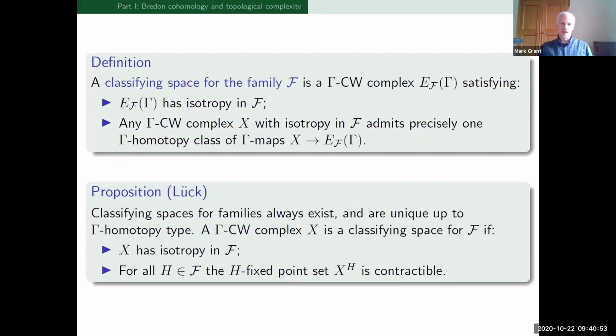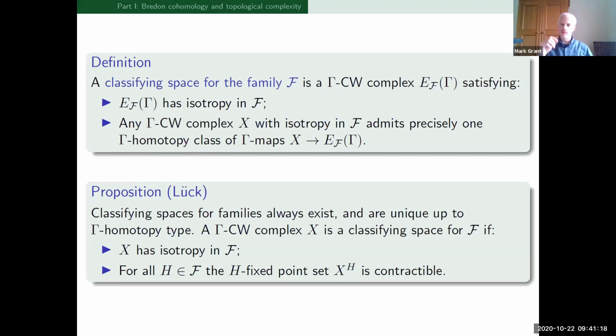And once you have a family of subgroups, you can ask for a classifying space for that family. The defining properties of a classifying space for a family of subgroups of gamma is that it's a gamma CW complex, which just means it's a CW complex with a gamma action which permutes the cells. It has isotropy in the family.